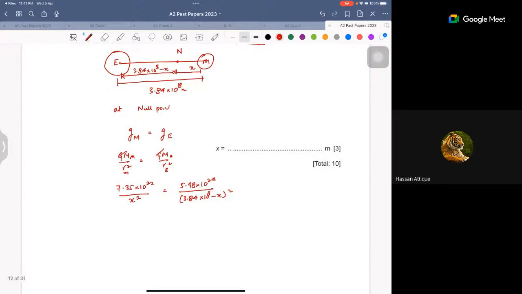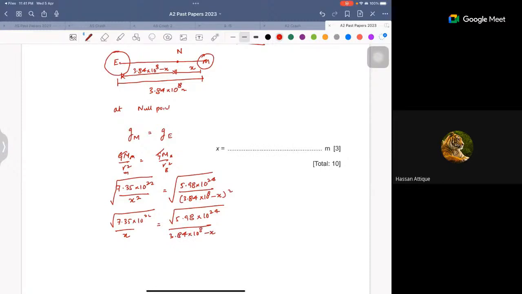Now typically, because this will make a quadratic equation, you better take the square root on both sides. Taking the square root on both sides helps you tremendously, because by doing that you get to remove the squares on the variables. So you get root of 7.35 times 10 raised to 22 over x equals root of 5.98 times 10 raised to 24 over 3.84 times 10 raised to 8 minus x.